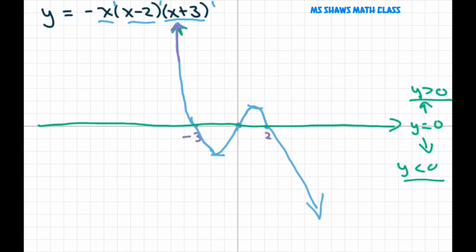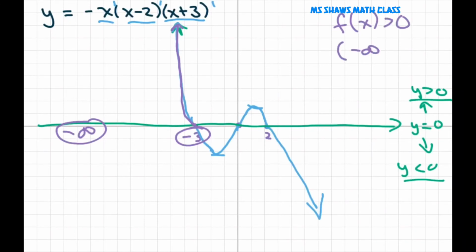We have this part from negative infinity to negative 3. So f of x is positive from negative infinity to negative 3. It's also positive in this little area here, and that's from 0 to 2.